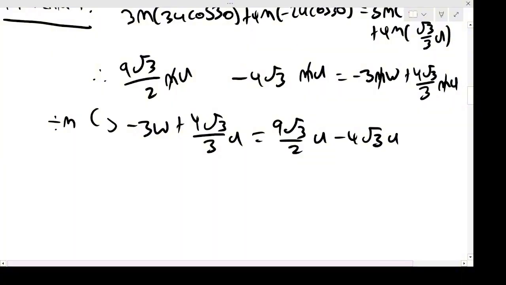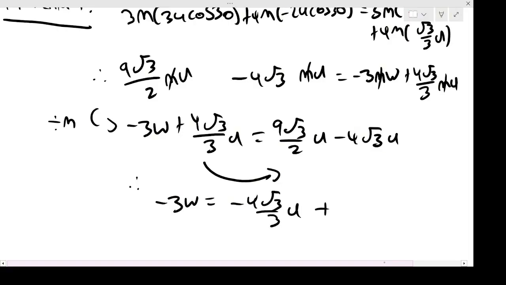And actually, I can move that 4 root 3 over 3u to the other side. So minus 3w is going to be minus 4 root 3 over 3u plus 9 root 3 over 2u minus 4 root 3u.